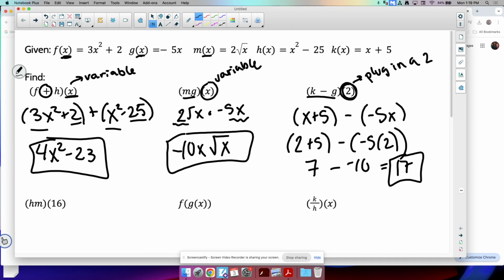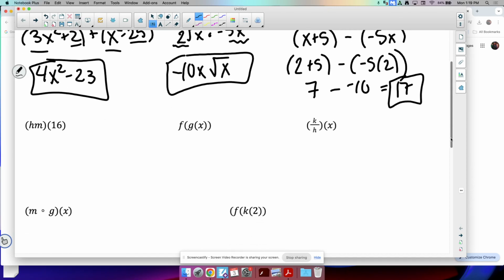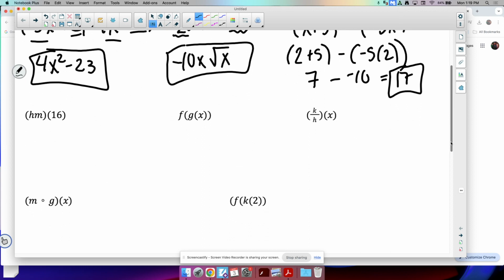Next one. What operation are we being asked to do? Multiplication. H, M, they're touching, that always means multiply. What does H equal? What does m equal? 2.